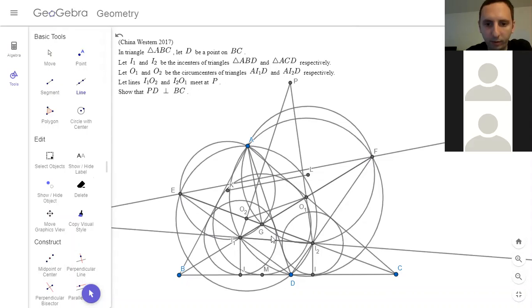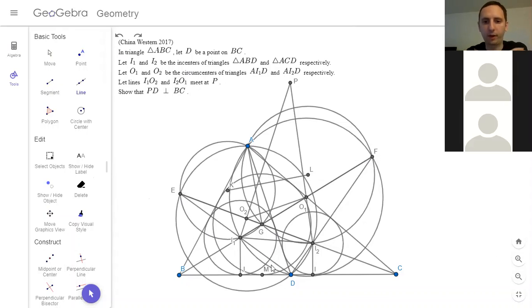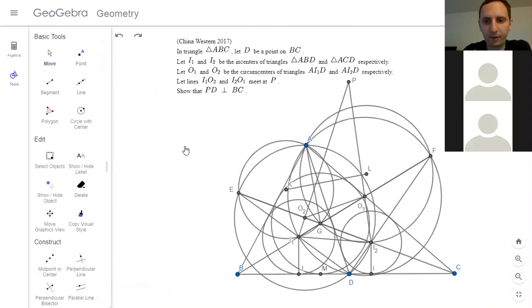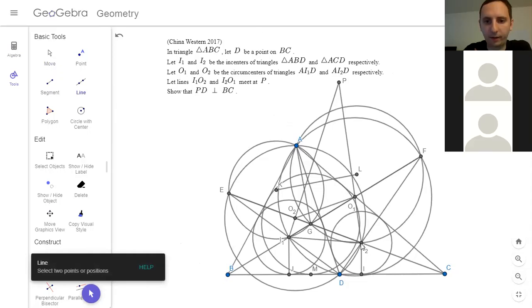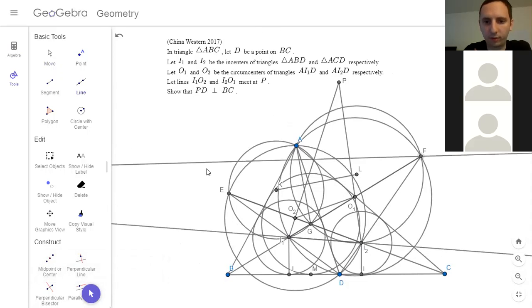Right, let's think about this. No, I kind of see what you're saying. We have two midpoints. But yeah, I guess that would be adding a lot to the figure, but I'll just do it just to show it.